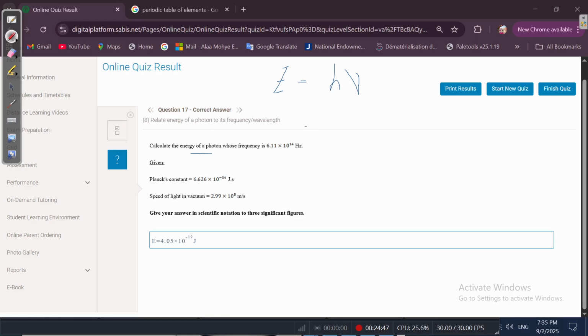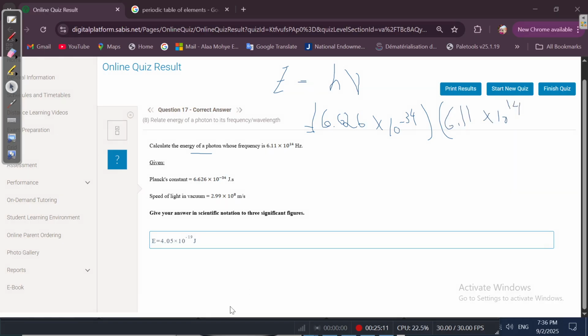I have Planck's constant, which is 6.626 times 10 to the minus 34, times v, which is the frequency, 6.11 times 10 to the 14.